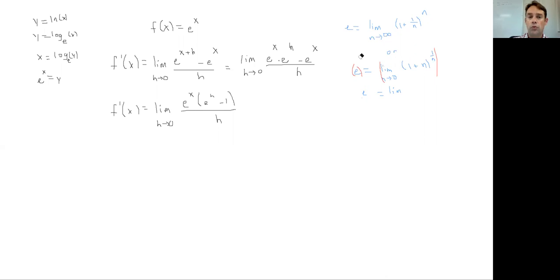So let's take this all to the n here. Then we get e to the n as n approaches 0. I can take that right here and just bring the expression to the end.